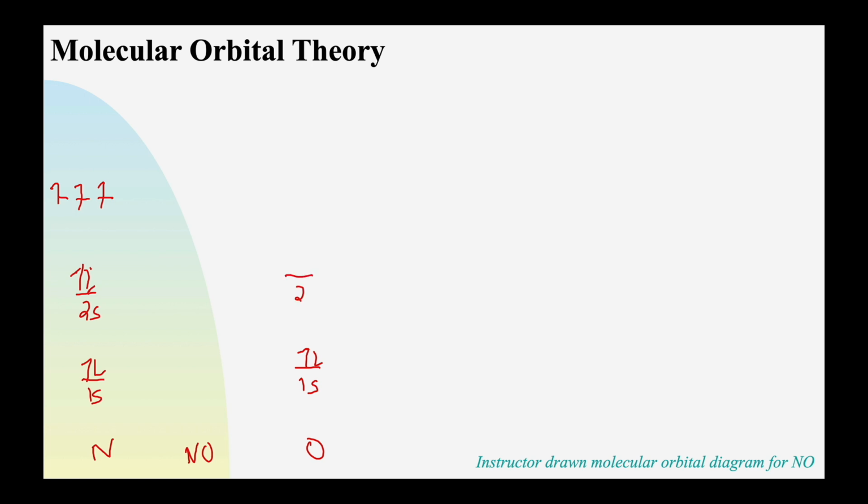It would have a 2s2, just like the nitrogen will. But when it comes to the 2p up here, it's going to have 1, 2, 3, 4 electrons, so it's going to have a paired one there in the 2p.